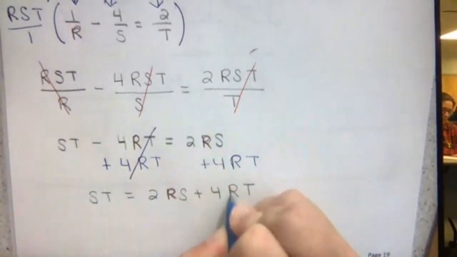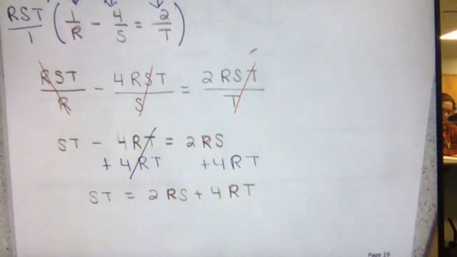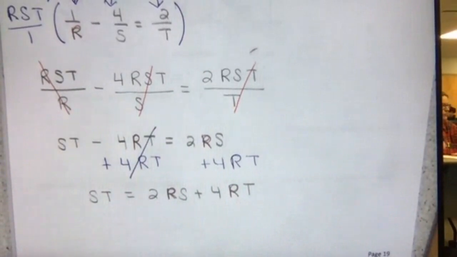So at least now my r's are on the same side. They both have an r in common. So just like we did on the previous page, I could factor out that r as a GCF.